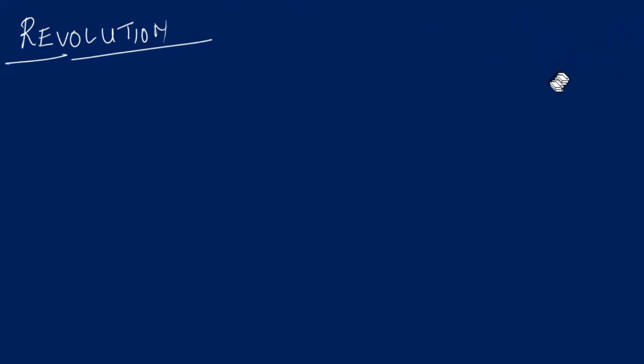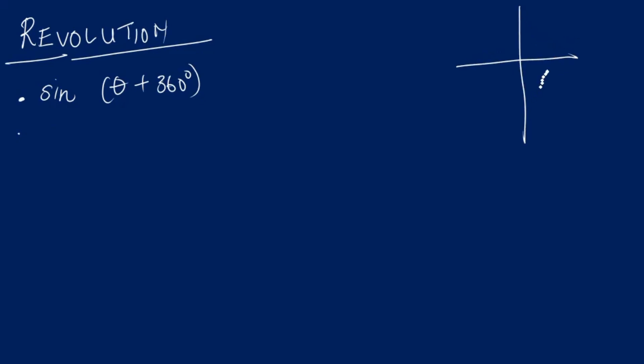All set? So now, here is something beautiful about the revolution. The beautiful thing is that whenever you have the sine of theta plus 360 degrees, it just lands there. And you'll see what I'm talking about. Look at this. So I start with the revolution.